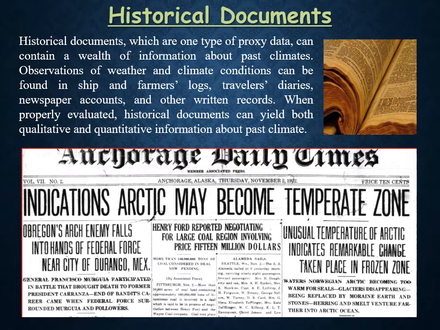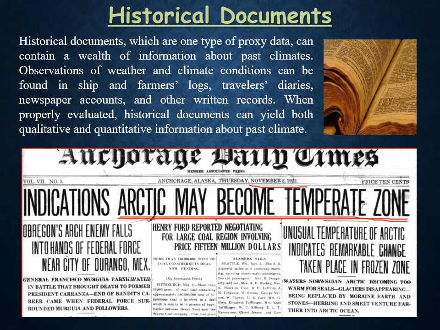Say, for example, here you can see in a paper published in 1922 from Alabama, they published a news which says that Arctic may become temperate zone. That means there is a change in temperature condition observed in Arctic regions.